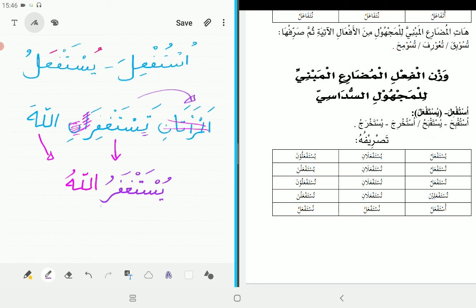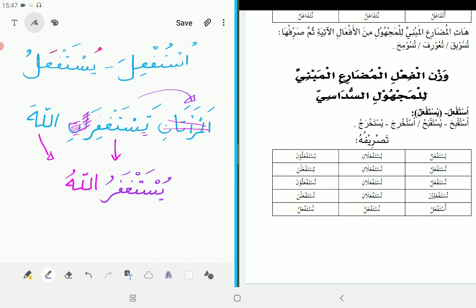If it was a single male, it would have been the same. Yustaghfirullah. So if the sentence was yastaghfiru Zaydun Allah, Zayd is seeking forgiveness from Allah, it would have become the same. If it was tastaghfiru an-nisa'u Allah, the women ask forgiveness from Allah, it would still become yustaghfarullahu. It would always be the same.